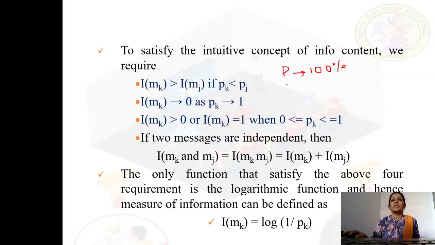So the probability that sun rises in the east is 100%. But what is the new information you are conveying with that sentence? That is nothing but 0. So it clearly says that whenever the probability of a particular message is very high, the amount of new information conveyed is equal to 0.